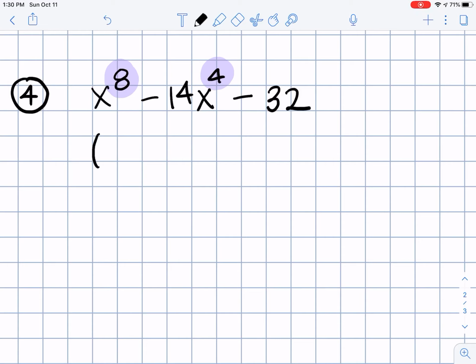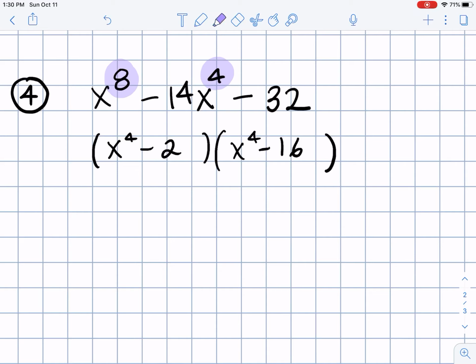So let's check this out. We're going to get x to the fourth. Now, what multiplies to make negative 32 and adds to make negative 14? How about negative 16 and negative 2?